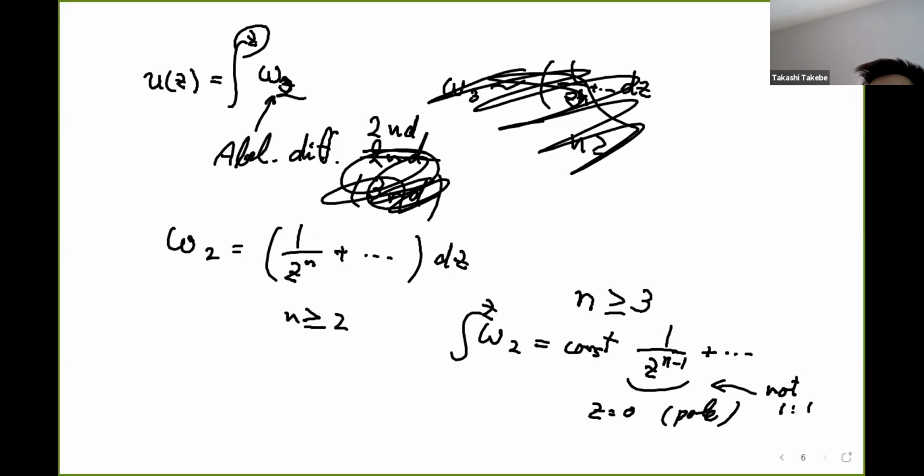So we cannot define the inverse function, even locally. So this is not good.